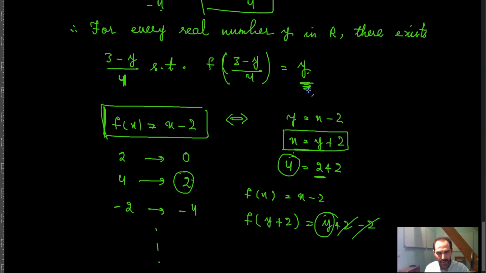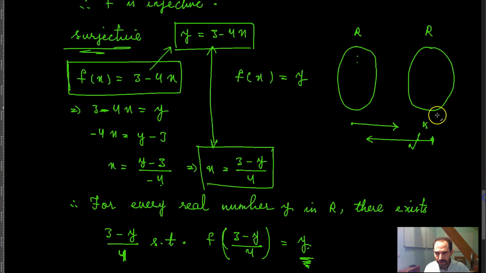That means that every y over here is practically covered, meaning that there is no y that is left out in this function, which means that every y that you can find in this set, in the codomain of the function, is going to be the image of some element in the domain of the function, which means that there will be no elements in this set which is left alone, which is not an image of some element in the domain of the function.